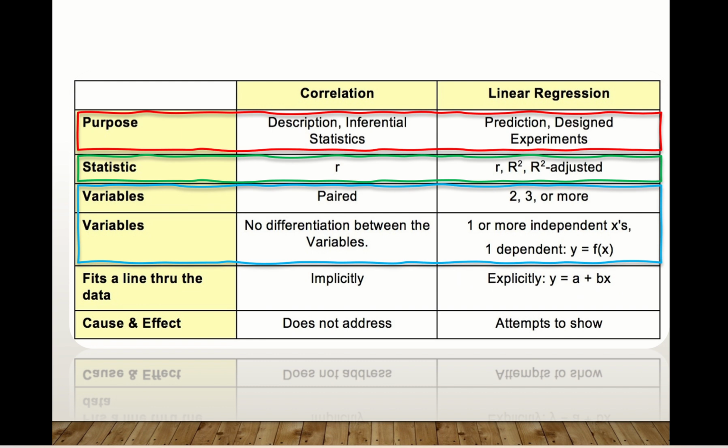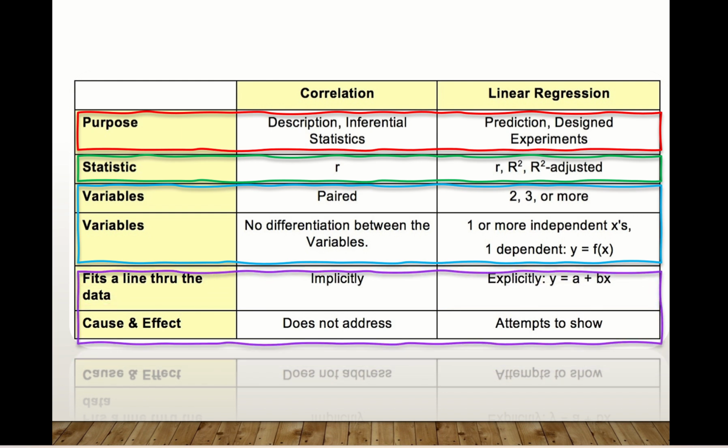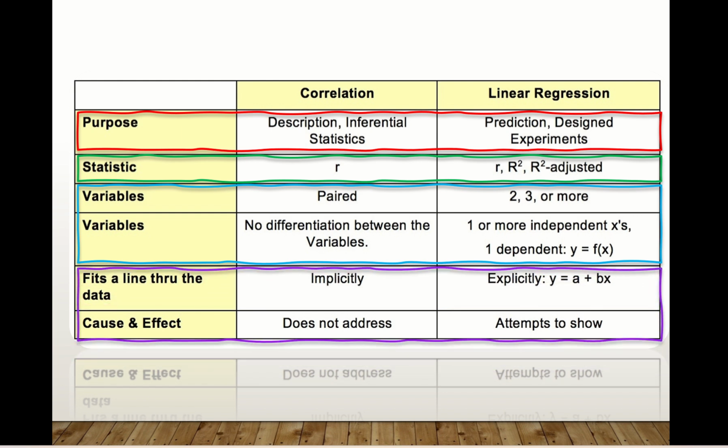So in correlation, we're looking at two variables, seeing if there's an association between them. In linear regression, we might be looking at two variables as well, or three or more for multiple regression. And then how the line goes through the data, right, with correlation, it's implicit.